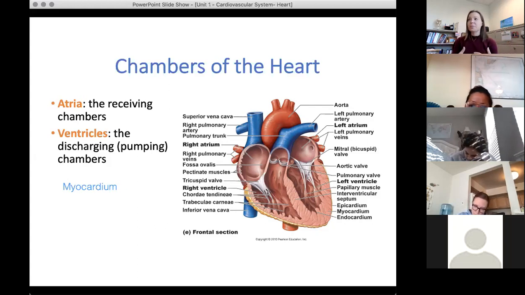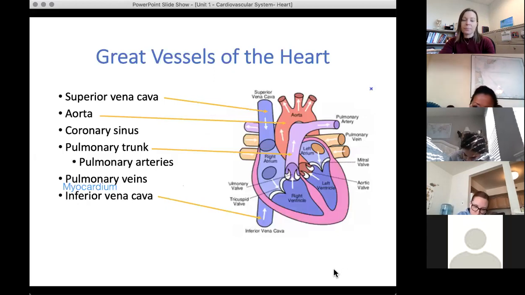So I'm going to do the atrioventricular valves first, which are also known as the cuspid valves. And actually, you will see the term cuspid valve more than you see the term atrioventricular valve. And I usually use the cuspid valve term more than AV valve.